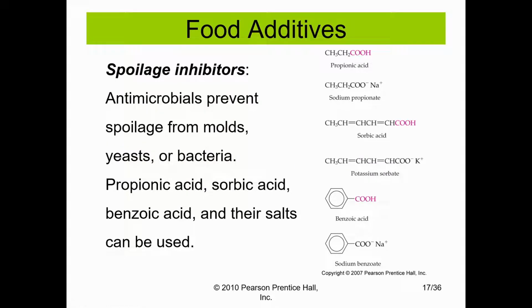Another reason that chemicals are added to food is to prevent spoilage. By enhancing the shelf life of certain foods, we're able to export those foods to a much larger range of people. Some of these chemicals, shown on the right, are used to prevent spoilage from molds, yeasts, or bacteria.